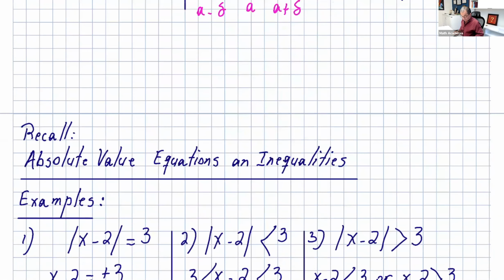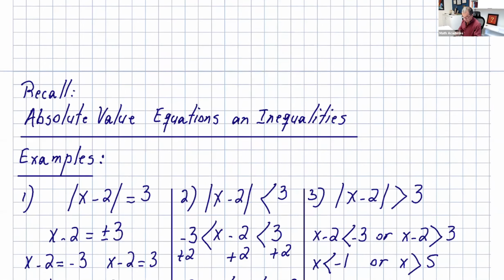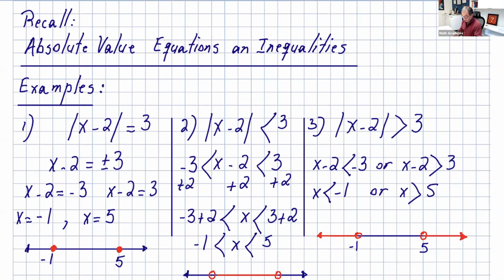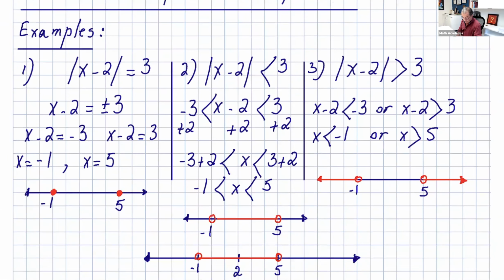Now before we go over the proofs, you have to be familiar with absolute value equations and inequalities, especially inequalities. That's why I did some examples here for you. For example, if you have the absolute value of x minus 2 is equal to 3, the way you solve that is you take the absolute value bars out, and x minus 2 is plus or minus 3.